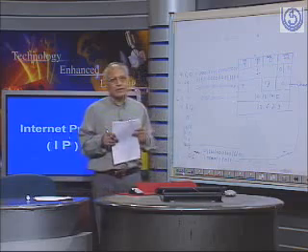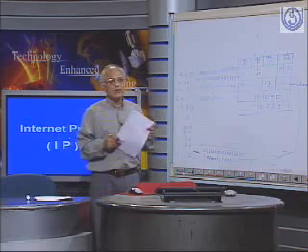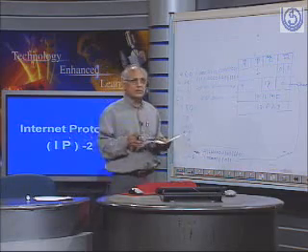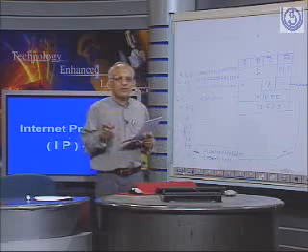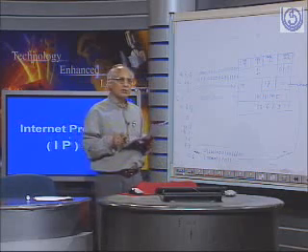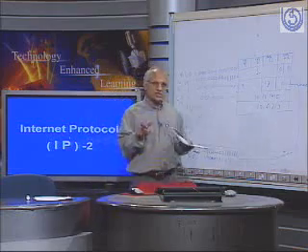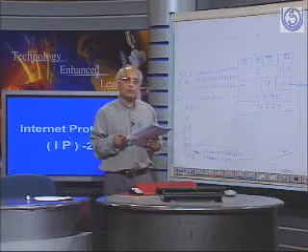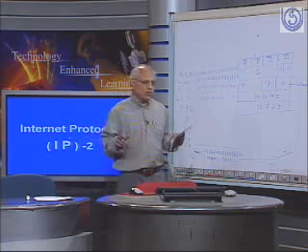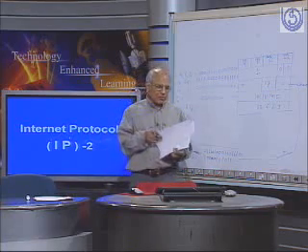Some of the modules are the reassembly module, a fragmentation module, a forwarding module, and a header adding module. For example, it adds the checksum value there. Then you have a processing module, which is the most important module of all. So these are the important components.